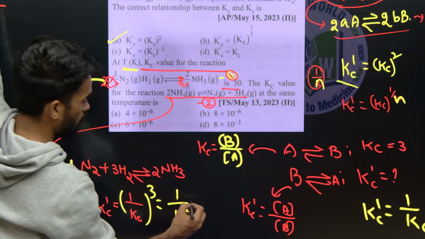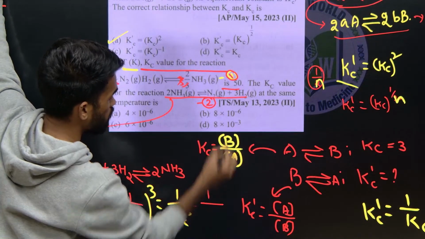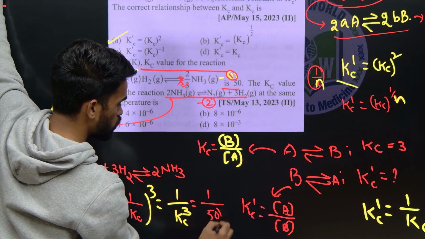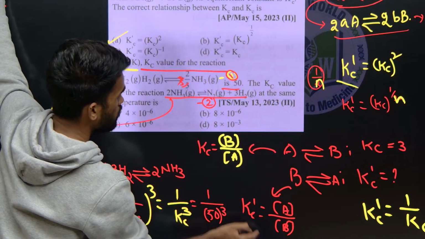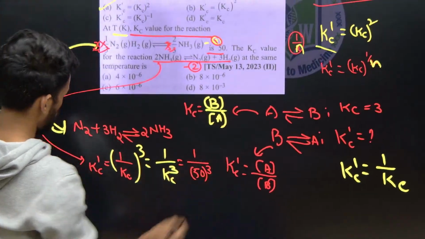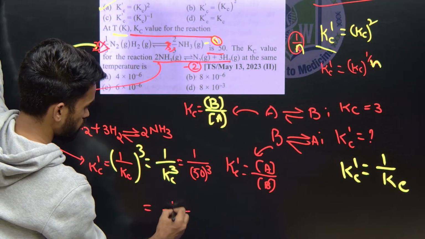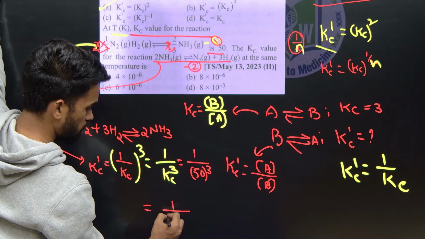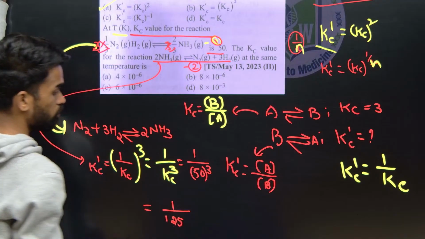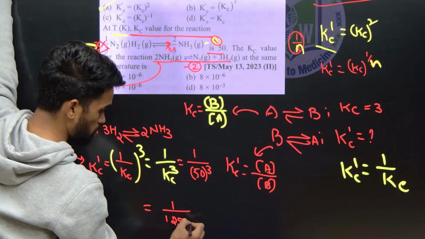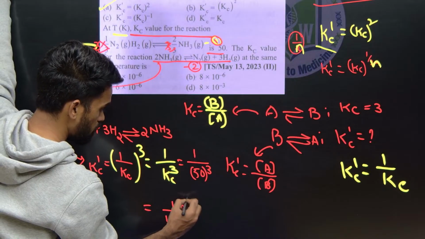The value given here is 50, so 1 by 50 cube. Okay, so 50 cube you can write as 1 by 125 into 10 power 3, I am writing here 10 power minus 3.